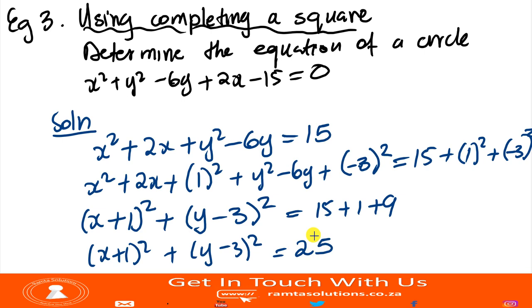And this is how you determine the equation of a circle. Now, what is the center? Let me use a different color. As you can see, be careful, a is negative 1. What is b? b is 3. So the center is negative 1 and 3.